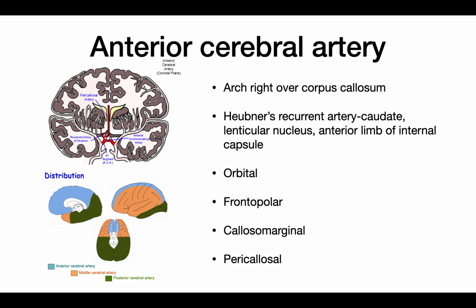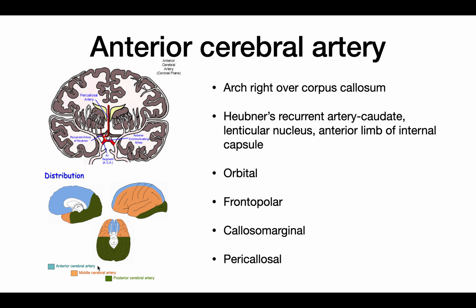The anterior cerebral artery will arch over the corpus callosum, and it's going to provide the superior part and the superior external part of the brain, and all of the internal midbrain right there.